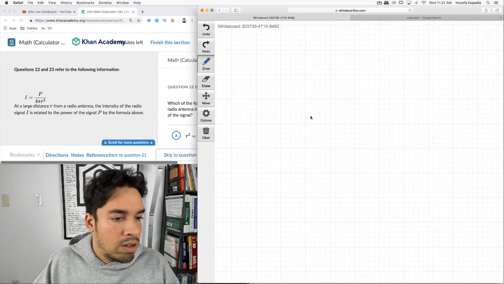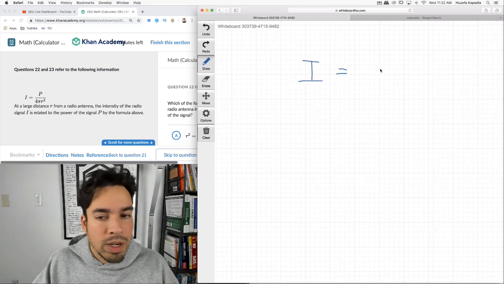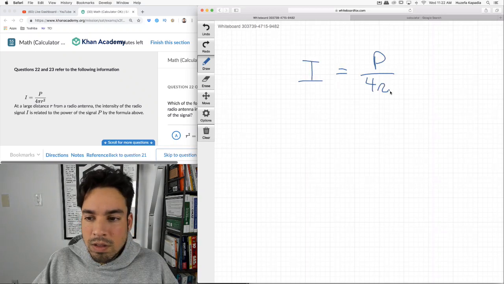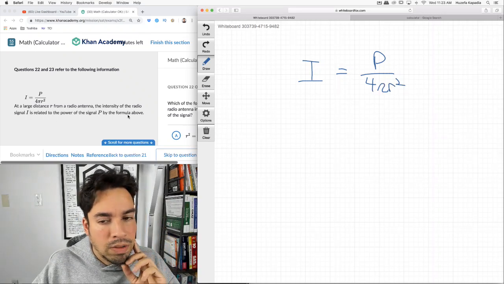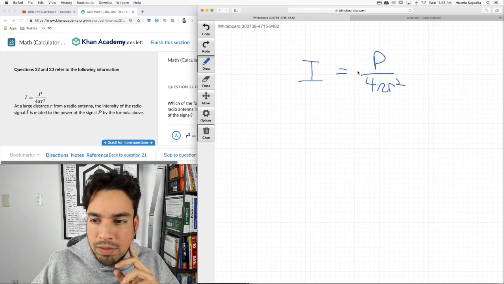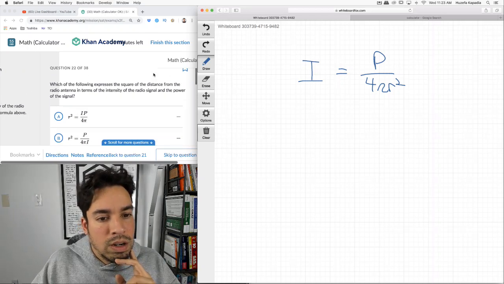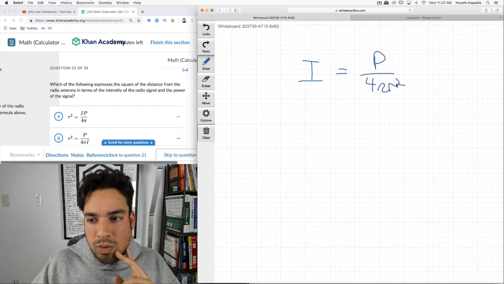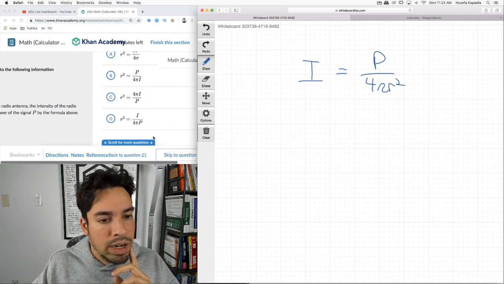All right. At a large distance, R, I'm just going to write the formula. The intensity of the radio signal I is related to the power of the signal P by the formula. Okay, cool. Which of the following expresses the square of the distance from the radio antenna? All right, whatever.